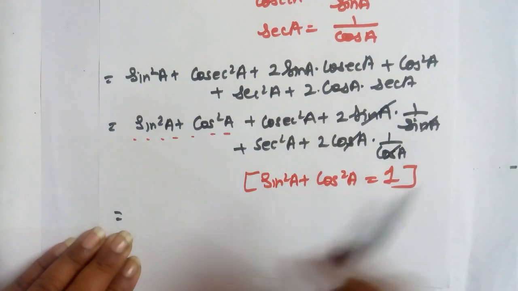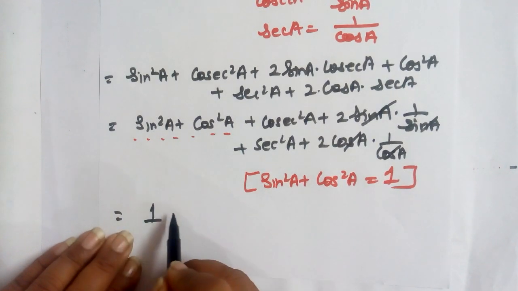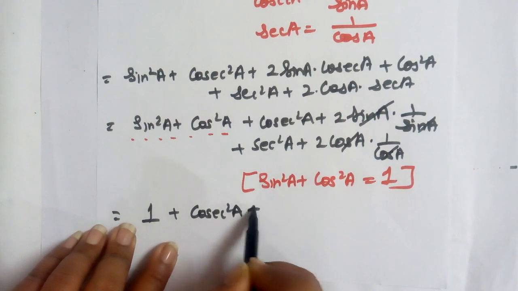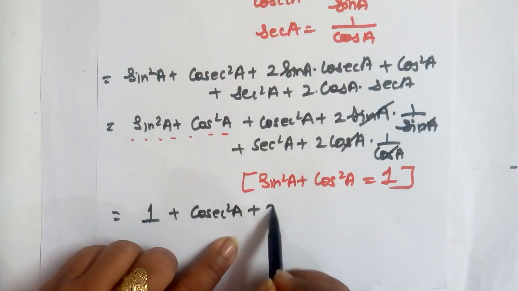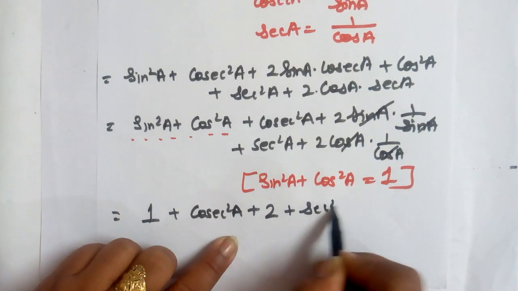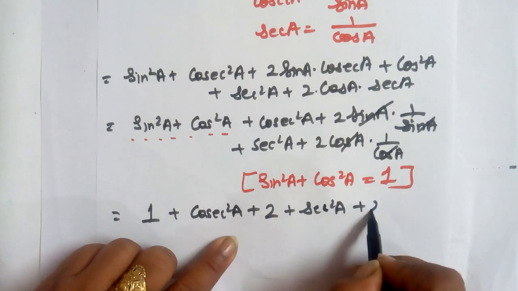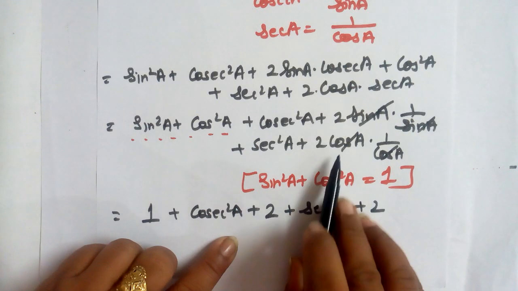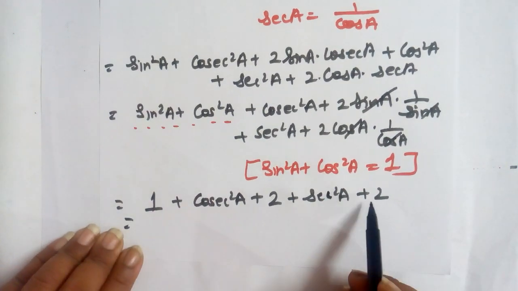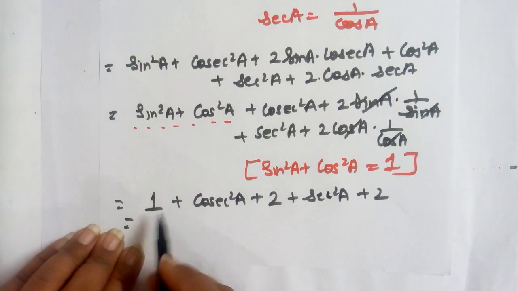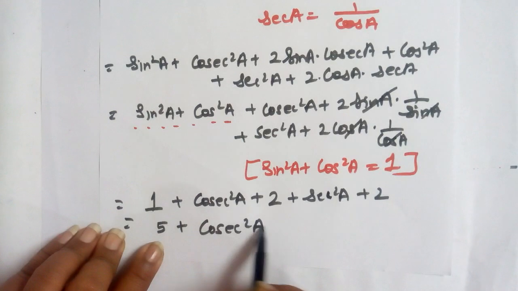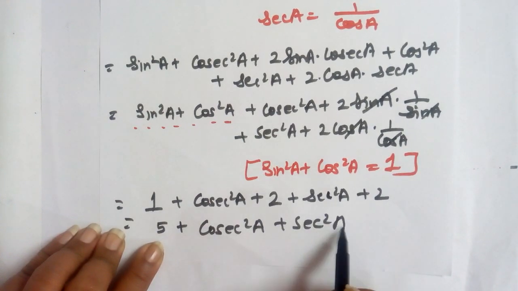Now instead of this, what we are going to write is 1 plus cosec square a plus 2, since sin a is cancelled out by sin a, plus sec square a plus again 2, as cos a is cancelled with cos a. Now 2 plus 2 is 4, plus 1, that is 5 plus cosec square a plus sec square a.